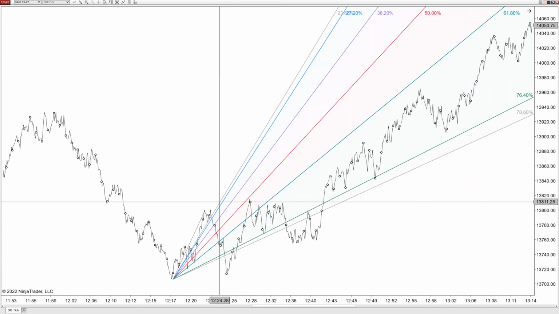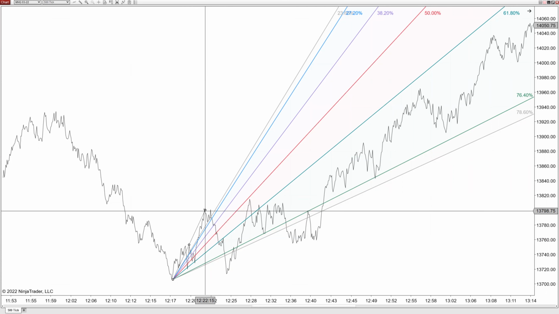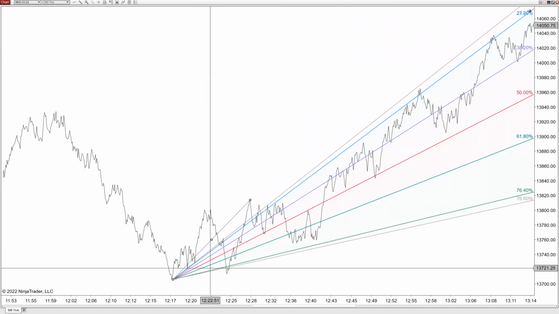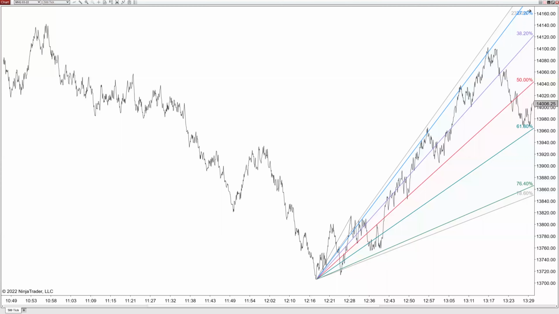Now, what I did with this is that because that initial move off of the low was so extreme, here to here, we have a move that is stronger than average momentum. So when we're looking at stronger than average momentum, what that means is that we are looking from a movement where there's very little overlap from one bar to the next within that trend.